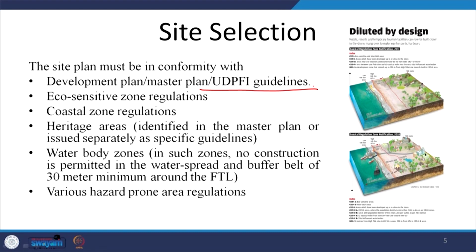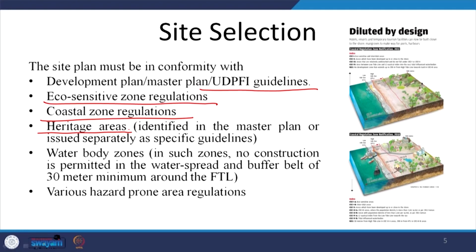It has to conform to that. We have to adhere to the eco-sensitive zone regulation and coastal zone regulations. So, all the government regulations and local bylaws, local laws which are governing must be fulfilled.